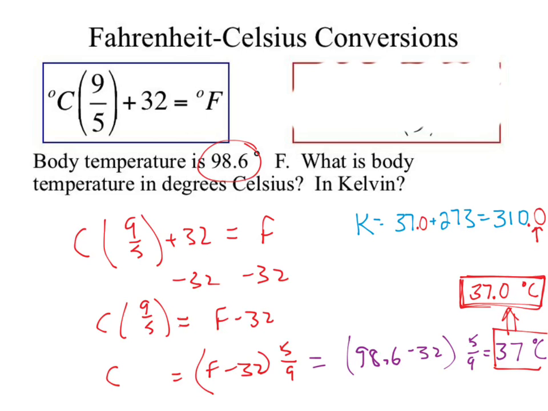The least precise place. 37.0 is measured out to the tenths place. 273 measures out to the ones. Which one's less precise? The ones, which means my answer needs to get reported to the ones place. So that last 0 should be deleted because that would be reporting to the tenths place. I'm not allowed to report out there.